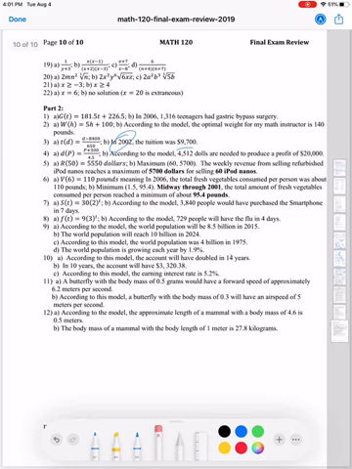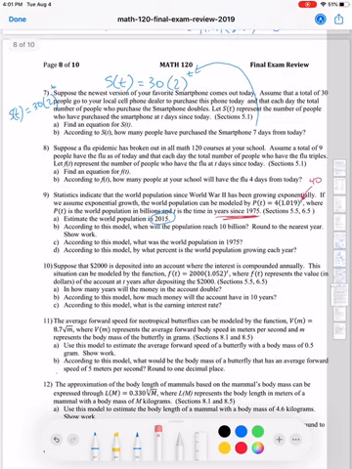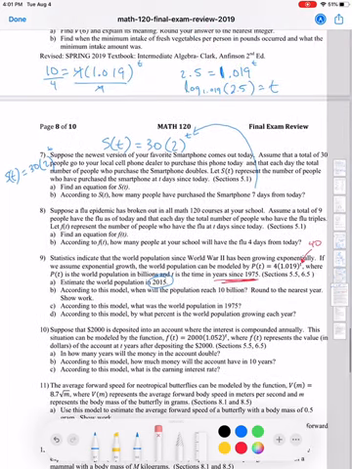And then once you enter it into your calculator, 9B, this value right here should be about 49.